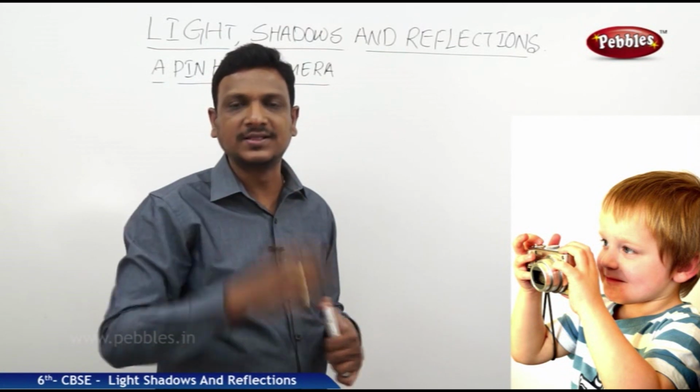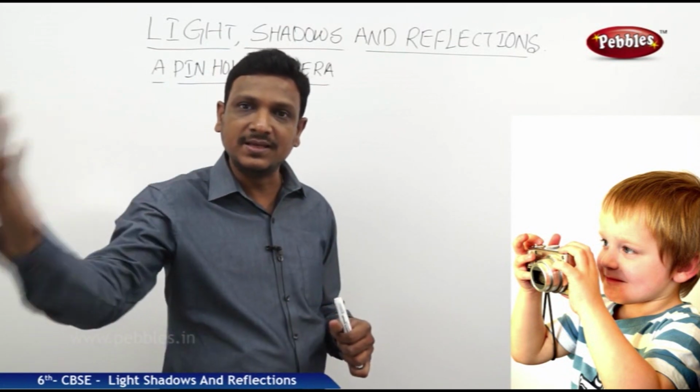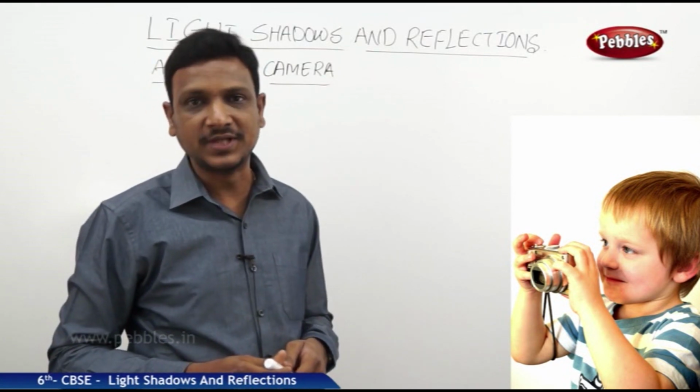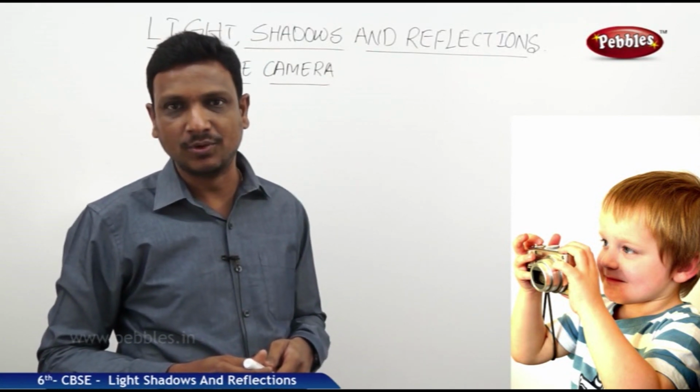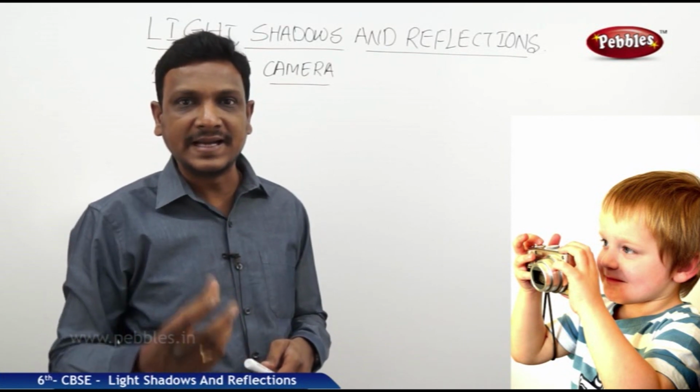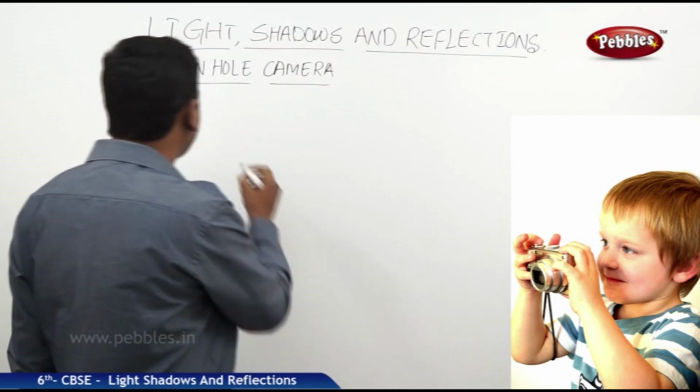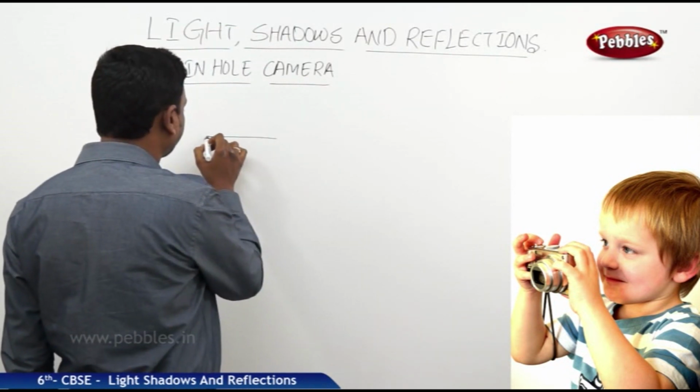You can cast the image of an object onto a screen. Let's see how to make this pinhole camera and how you can get the images of objects into your camera. So you need to take a cardboard box.